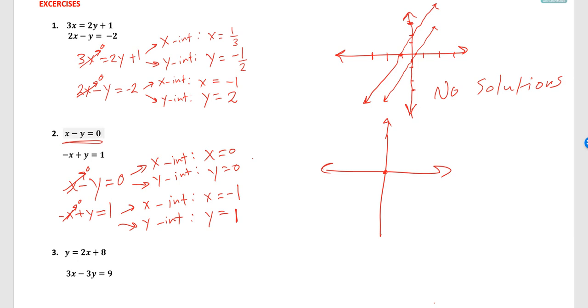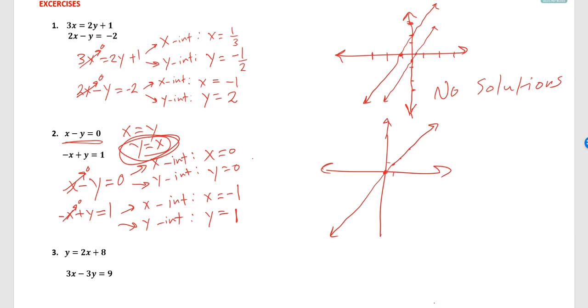This is really the equation x equals y, or y equals x. So y equals x is the line that looks like this. Every y value has the same x value: 1 and 1, 2 and 2, 3 and 3, etc.